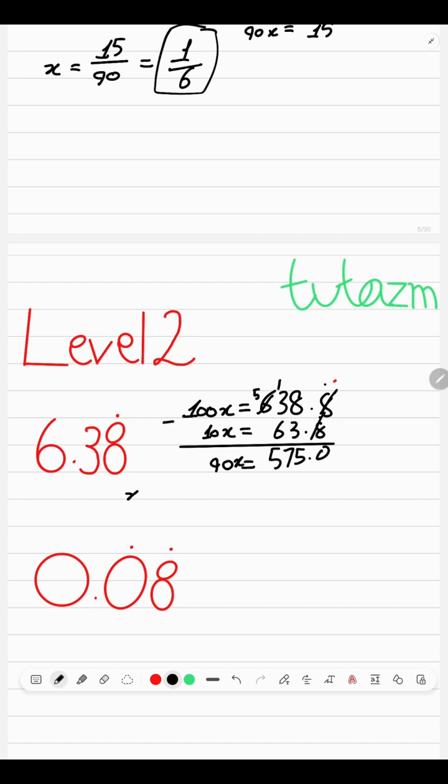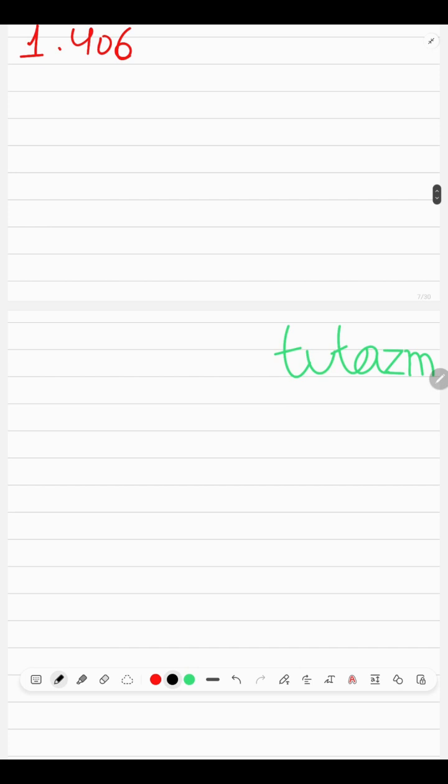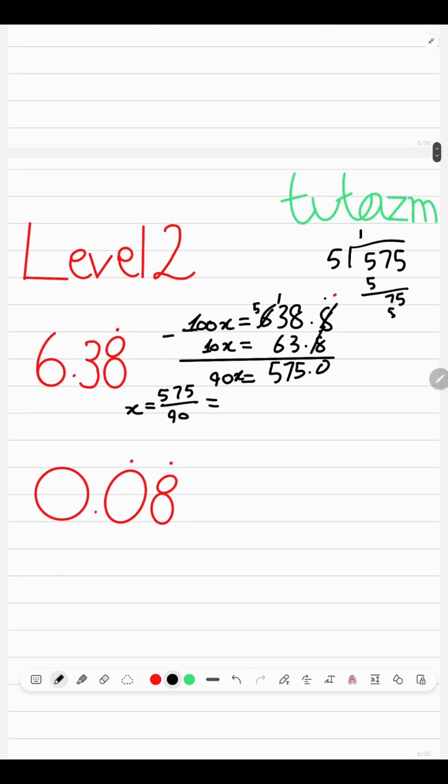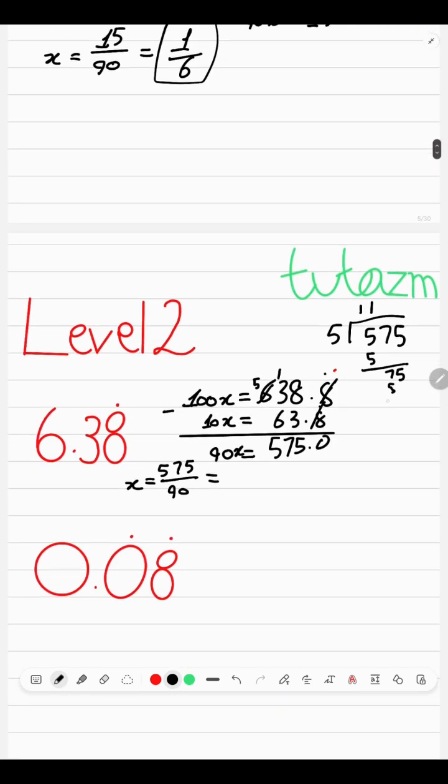So x is 575 divided by 90, and if we divide top and bottom by 5, we can carry out long division here. 575 divided by 5 gives us 115, and 90 divided by 5 is 18.